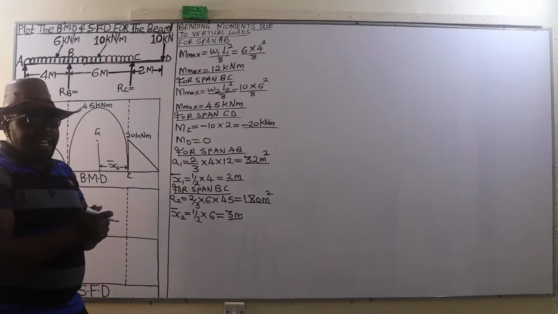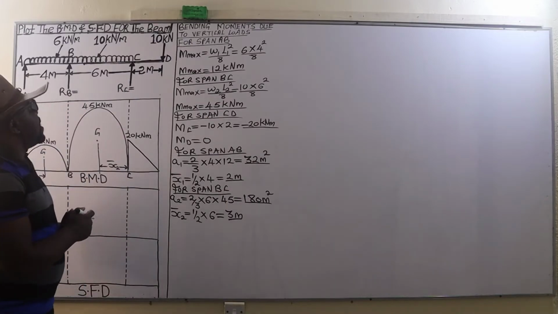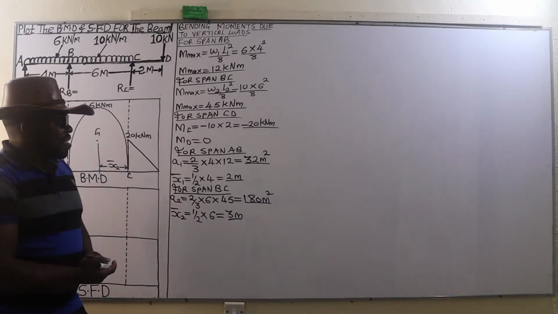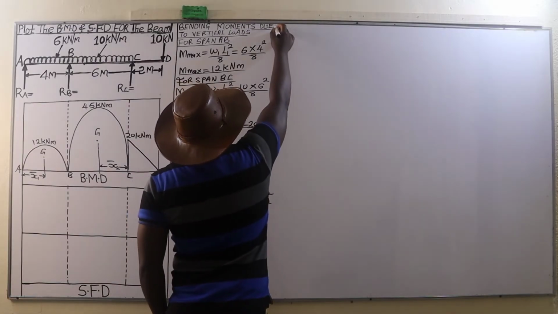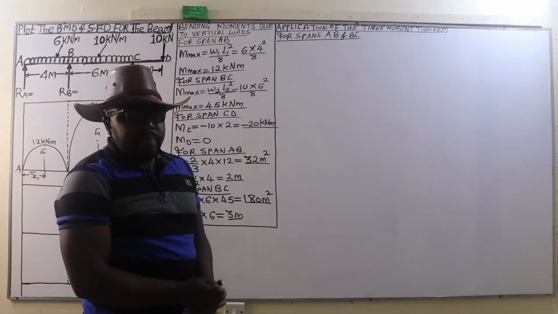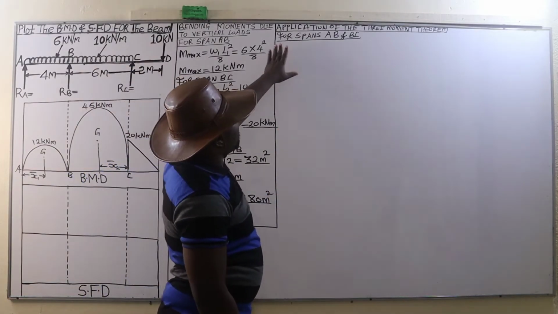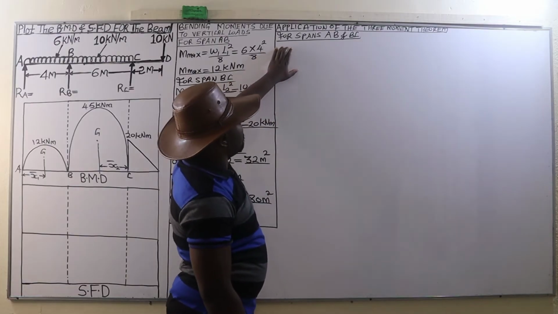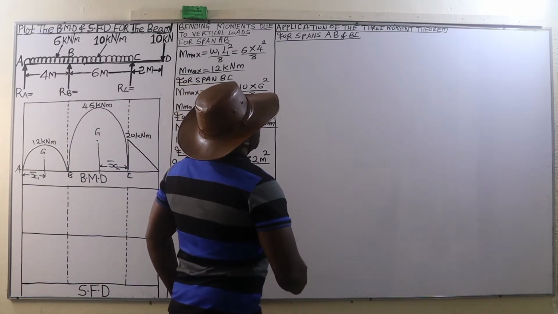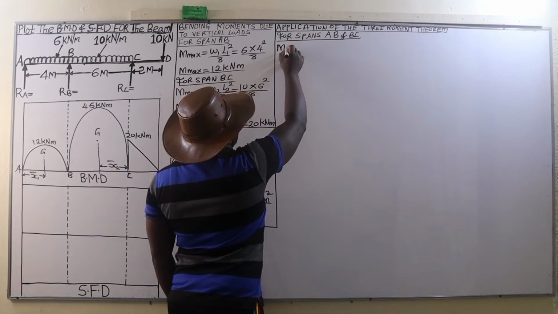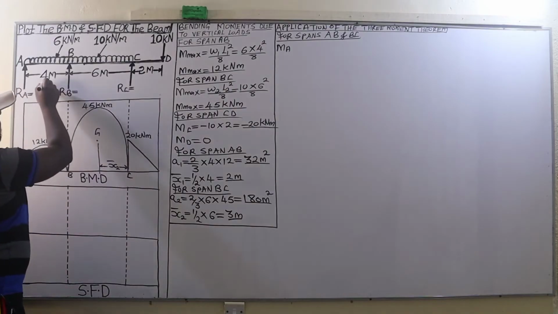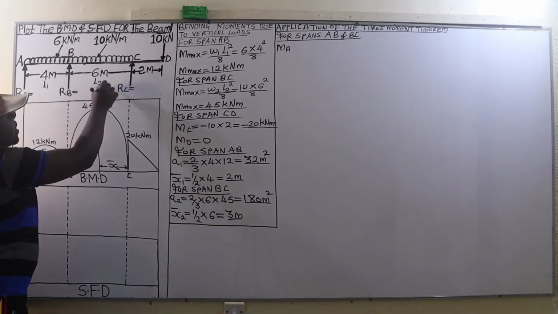Now that we have that, the next thing we are going to do is apply the 3-moment theorem, or Clapeyron's equation of 3-moment. So we go to the application of the 3-moment theorem, and we are going to begin with the spans AB as well as BC. The 3-moment equation will be as follows. We are going to have MA multiplied by L1, and L1 is the distance AB, and the distance BC is L2.